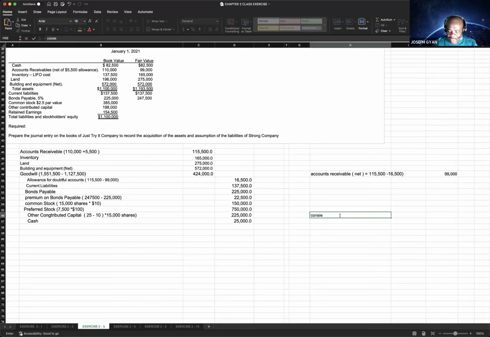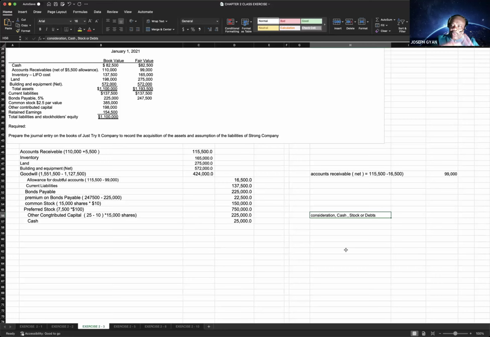The consideration can be either cash, or stocks, or debt, or you can give them all three. In this case, we are giving them two: cash and stock.